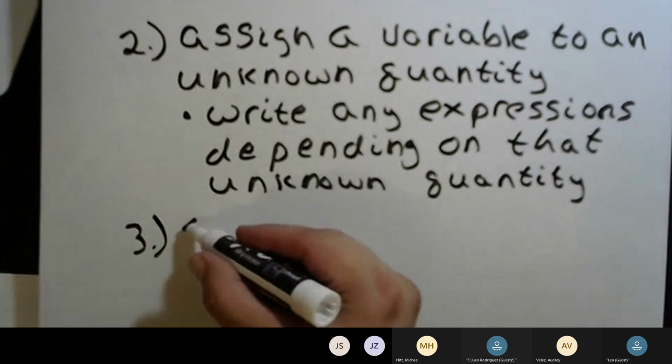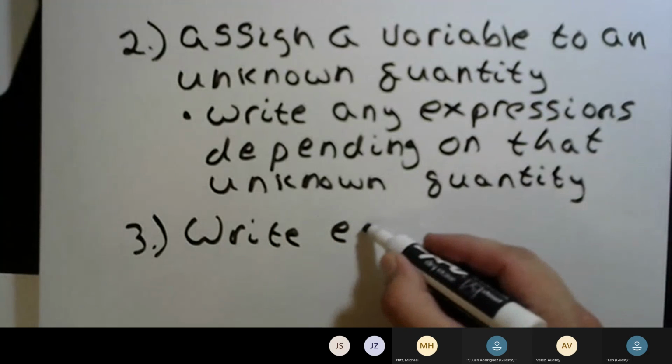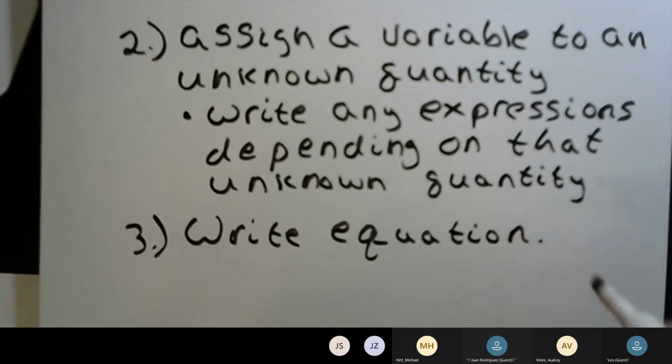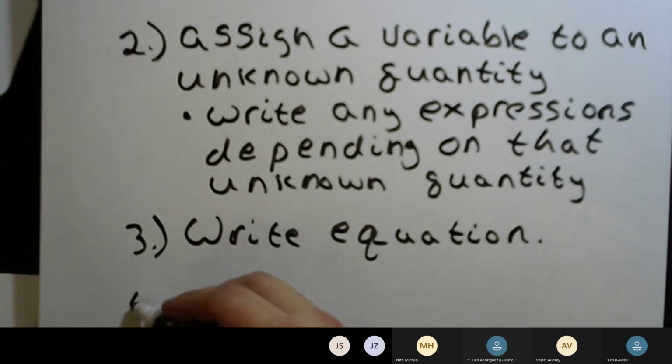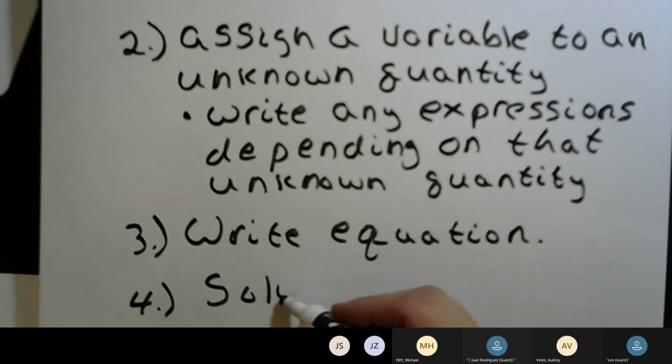Then we're going to try to write an equation. And this will come from knowledge that we have about what's being asked in the question. Then we'll solve.